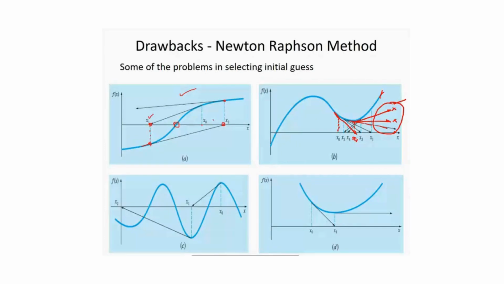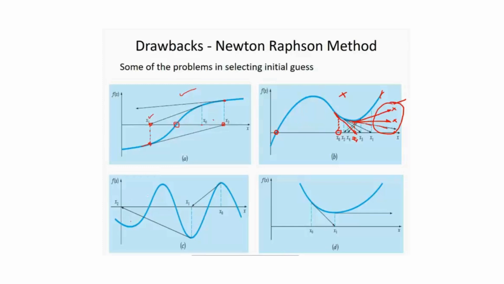Where is the root? The root is exactly here, but these tangent vectors are moving away from the root. So in such cases also you won't get the root value. Again it depends upon the selection of the initial guess. If you select the initial guess somewhere here, you won't get the root.